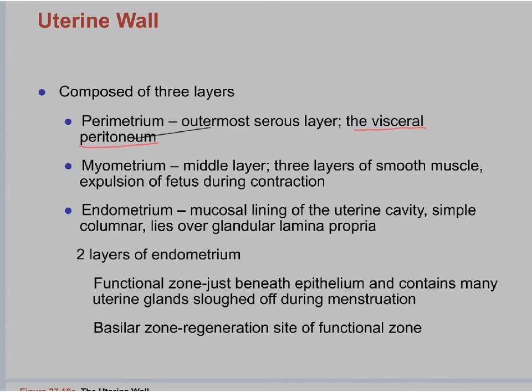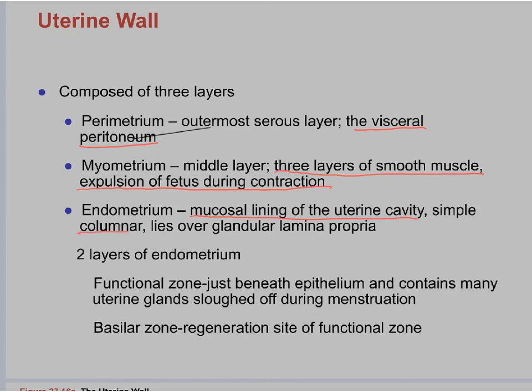The middle layer, the myometrium, is made of 3 layers of smooth muscle, and when they contract, they expel the fetus during a contraction. The endometrium is the innermost lining. That's going to be a mucosa, right? A mucosal lining of the cavity that is the uterus.